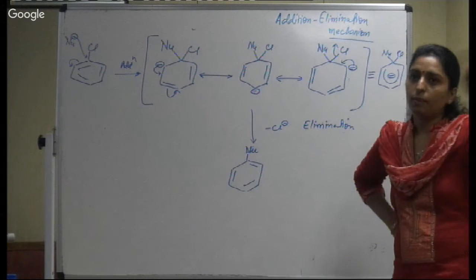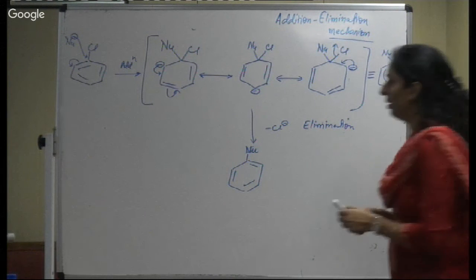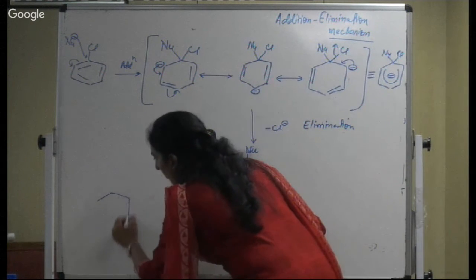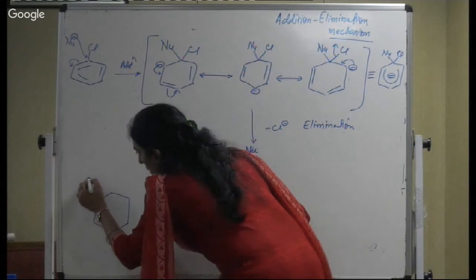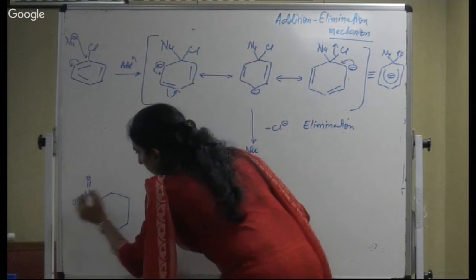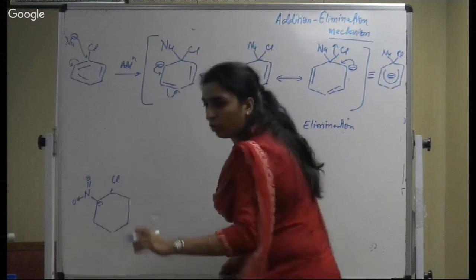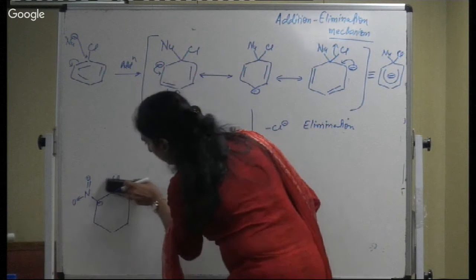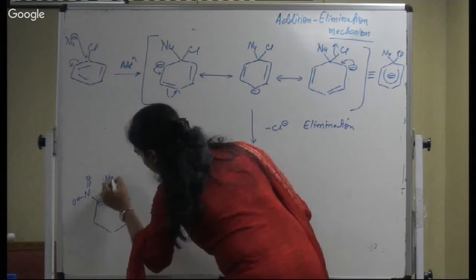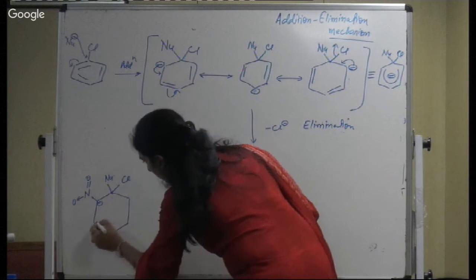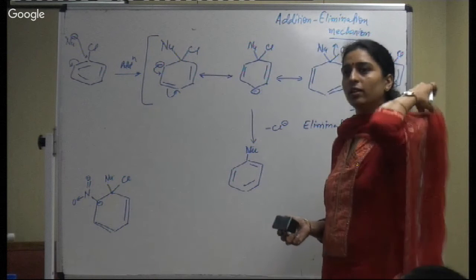If I put some electron withdrawing group at the ortho, like this, had it been ortho-nitrochlorobenzene, the intermediate would have been this. Am I right? Do you all agree?